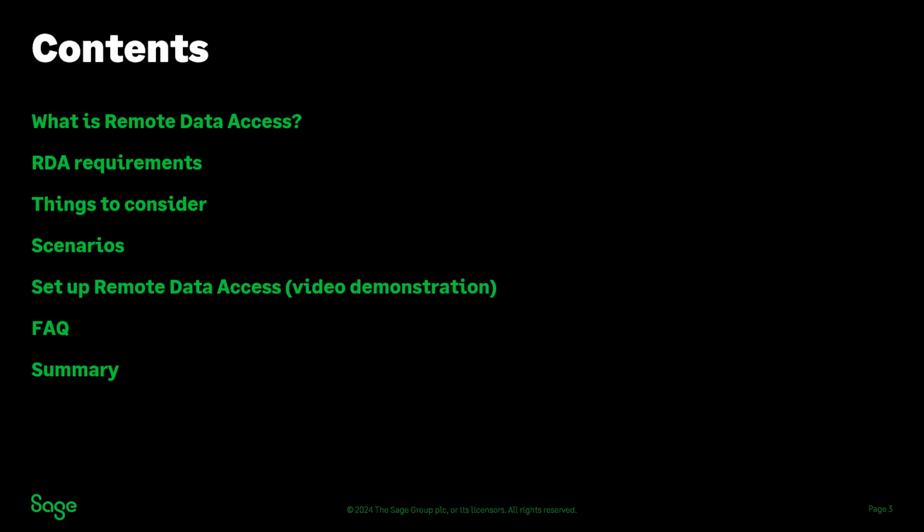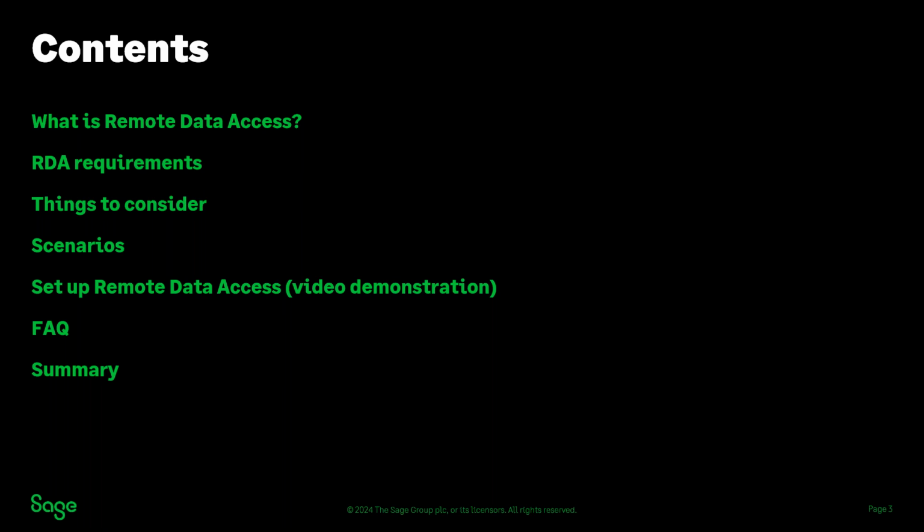Okay, so this is the agenda for today. We're going to start by covering what is remote data access, and then look at what the requirements are for remote data access. We're then going to look at things to consider before you start using this feature. We always find that people misunderstand this feature and how it works, so we're going to go through some scenarios to make it a little bit easier to digest.